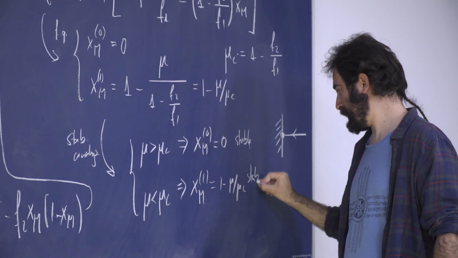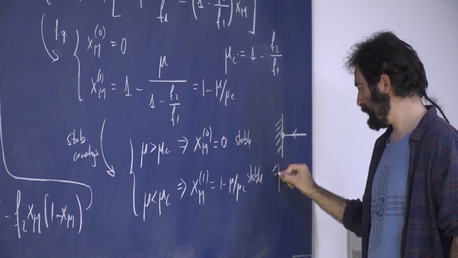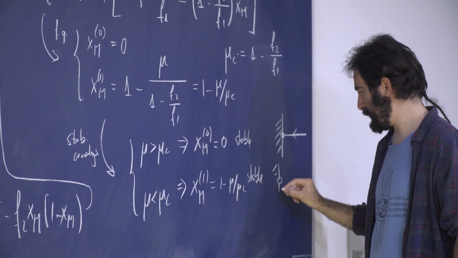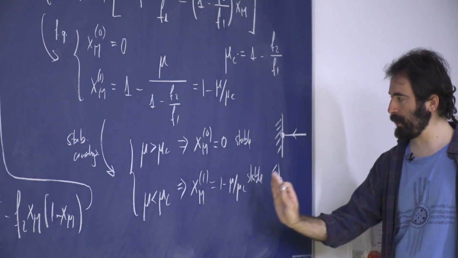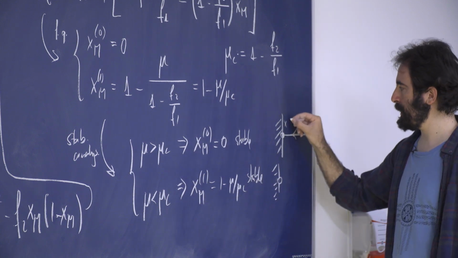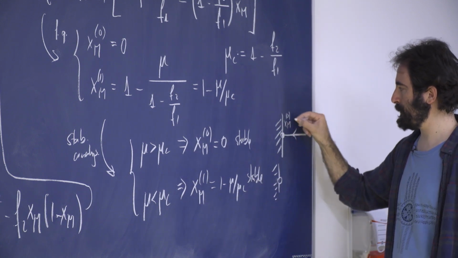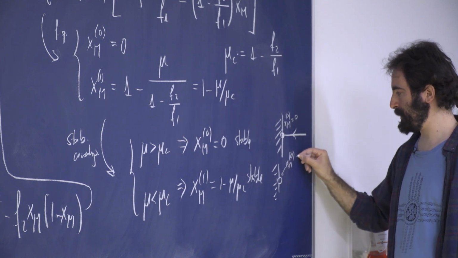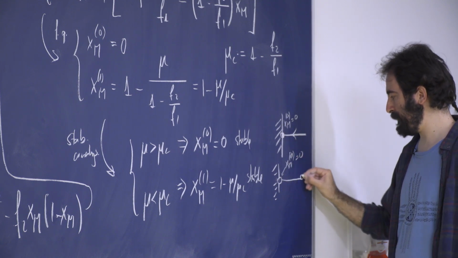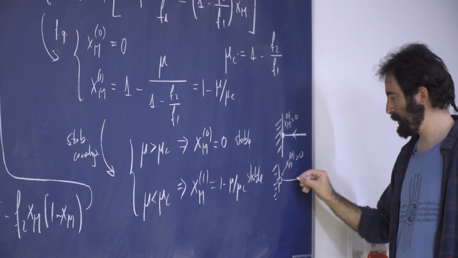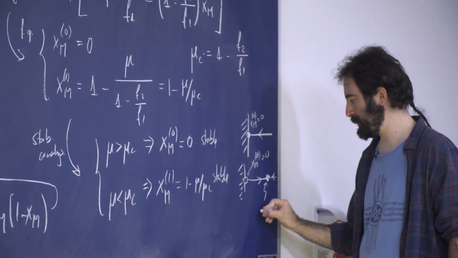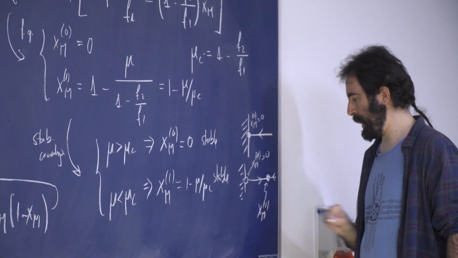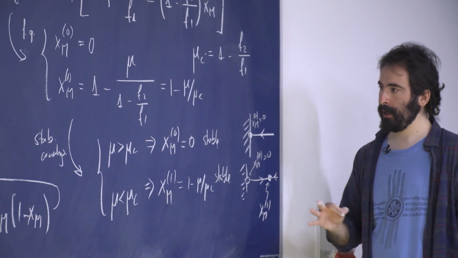And it's the non-trivial fixed point that is stable. Again, we can depict this as here. This part here is the non-physical part. This is xm0, which is 0. And now we have a fixed point here, which is an attractor, so it's a stable, which is xm1, right? Great.